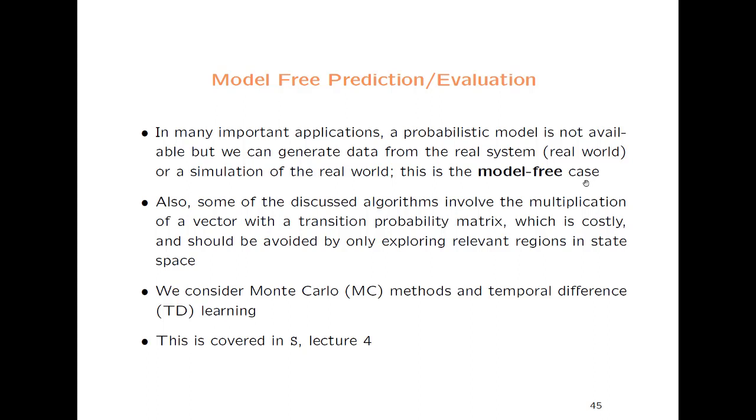So this can be too large to globally optimize with the equations we discussed so far. So here we are considering Monte Carlo methods, MC, and temporal difference learning, TD. If you also look at the slides from Silver, it would be in lecture 4.